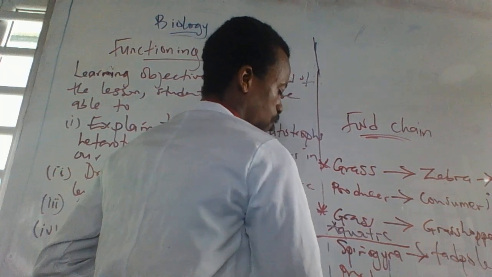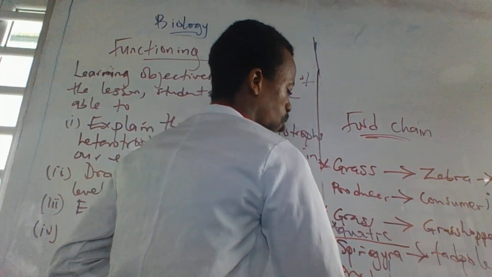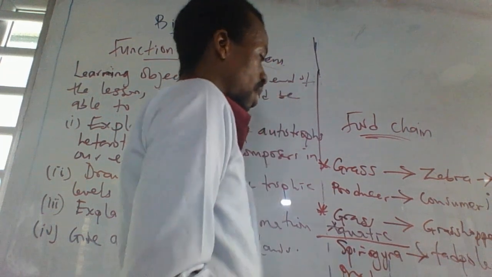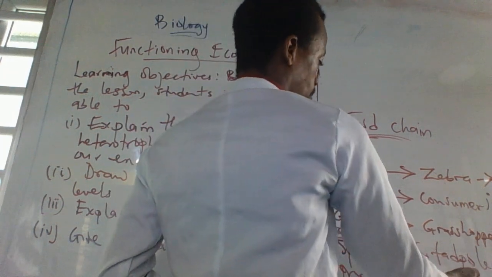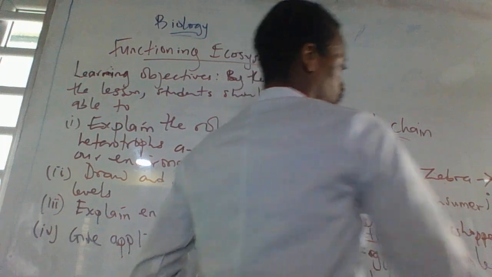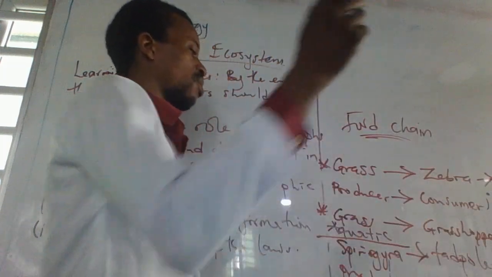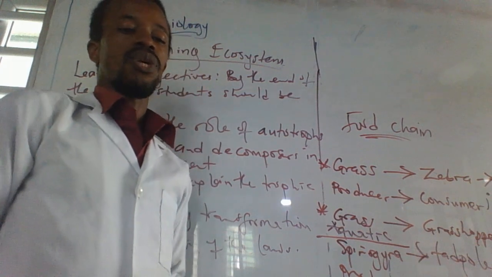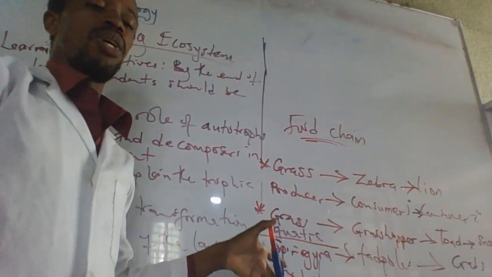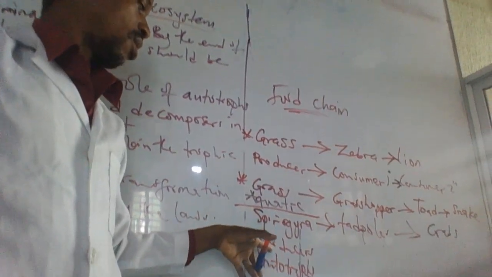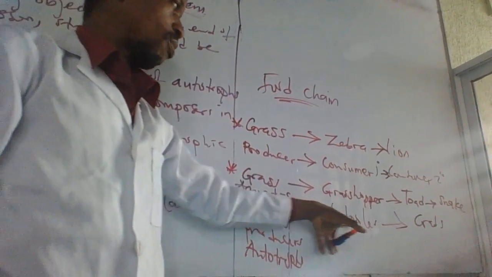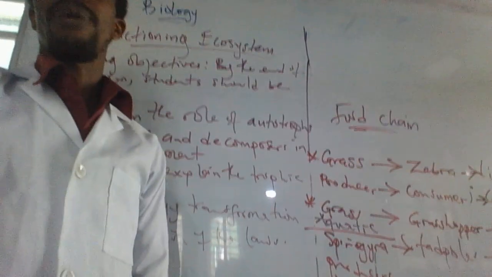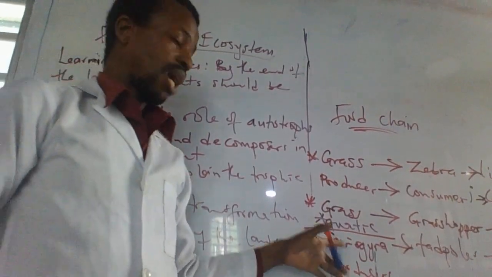They are autotrophs too, because they make use of sunlight to make their food through photosynthesis. Then this one goes primary consumers and secondary consumers. If you go beyond that, you have the tertiary consumers. So you can see what I just did on the board concerning the primary producer, primary consumer, and secondary consumer. So that is it about the aquatic environment.